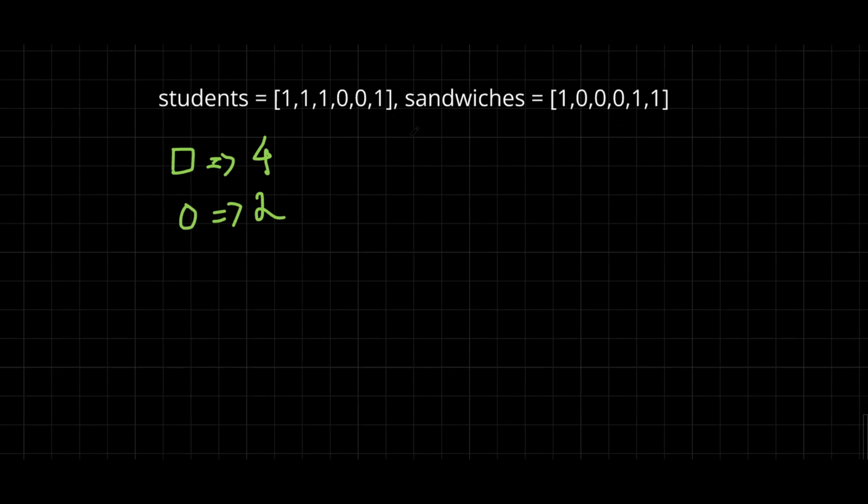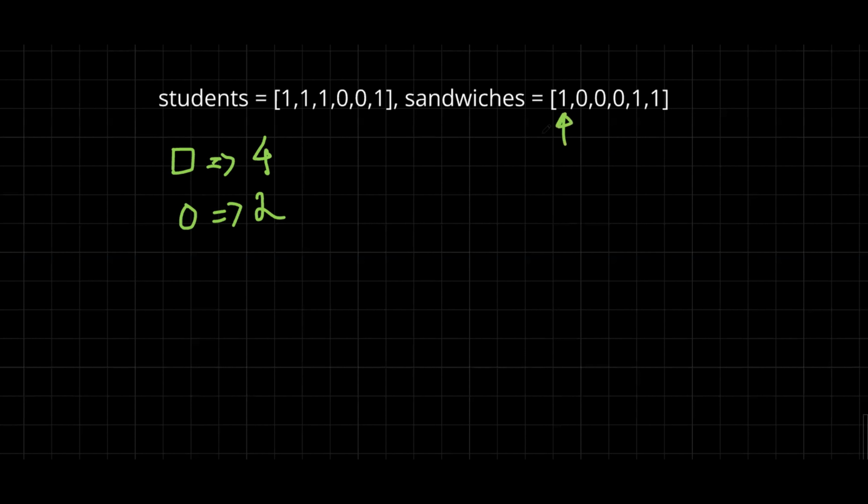Now we have to iterate over each sandwich from left to right, and check whether there are available students for each corresponding sandwich that the students want to eat. Suppose we are at this first one.